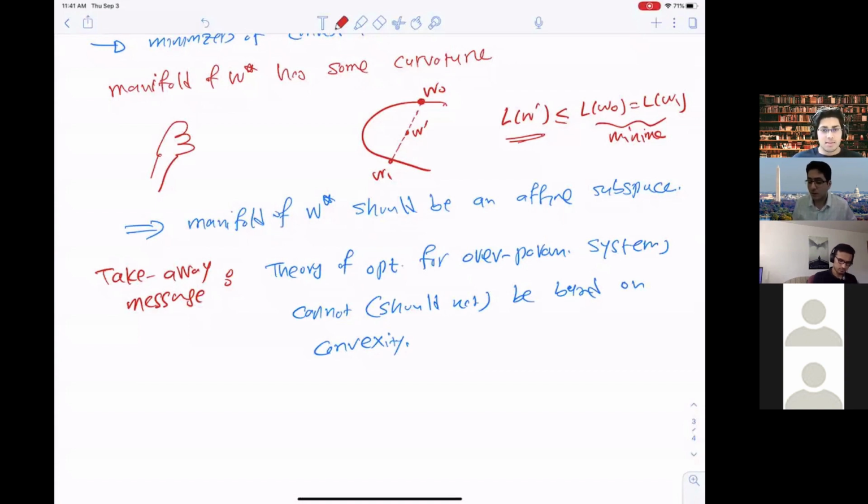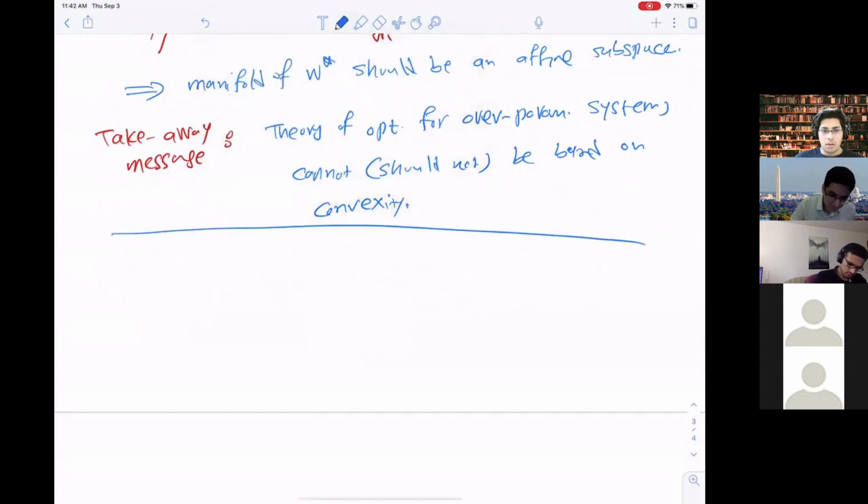If you have curvatures, you cannot be locally convex, and you can argue that when you have large nonlinear systems, you'll always get some curvatures in the manifolds of your solutions. Okay, so let me move on.